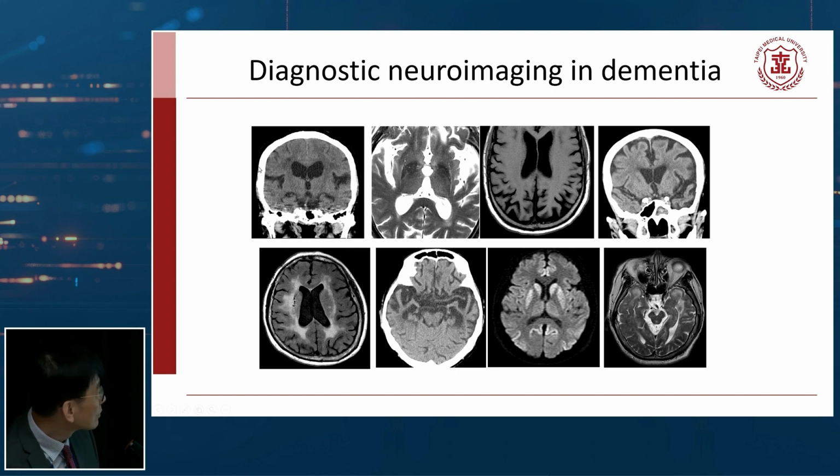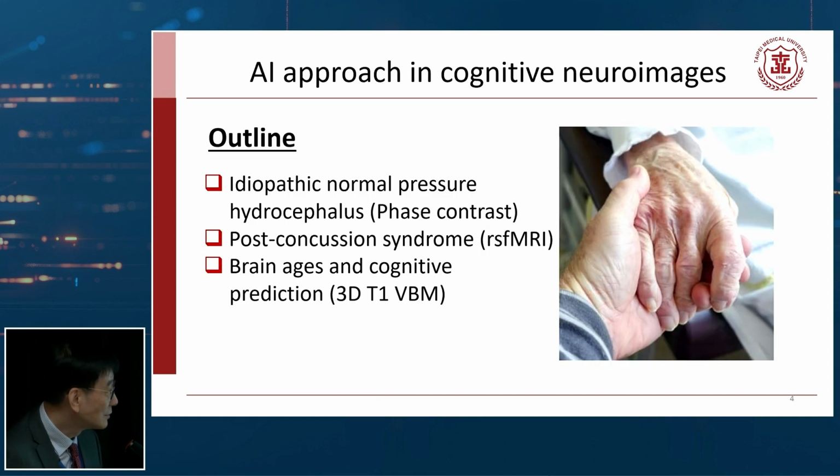On the left corner, here is iNPH: a typical floating brain, narrowing of the superior convexity, Sylvian fissure dilatation, and ventricular dilatation. For the semantic type of primary progressive aphasia, you can see dominant left temporal atrophy. These are some characteristic patterns.